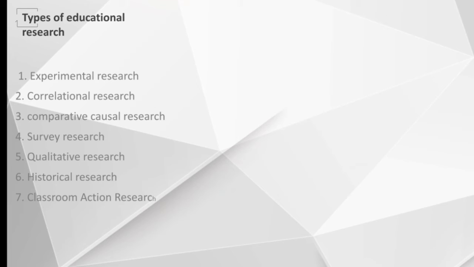And the last is classroom action research. Classroom action research, or CAR, is situational, concerned with diagnosing problems in certain contexts, such as problems in the classroom or at school. The problems depart from daily learning practice that is really felt by the teacher or student.